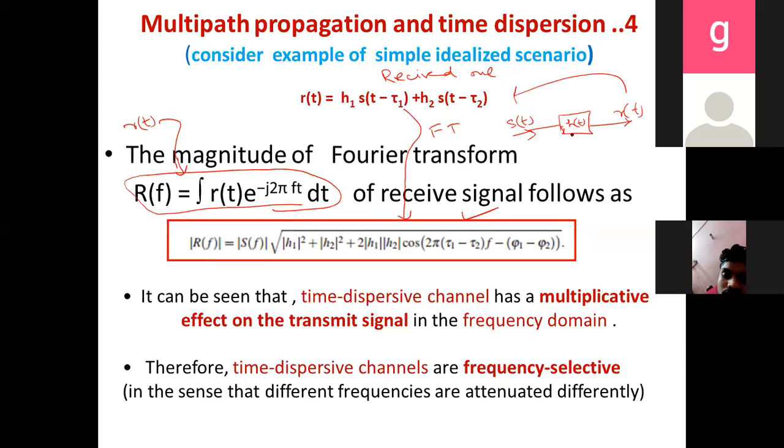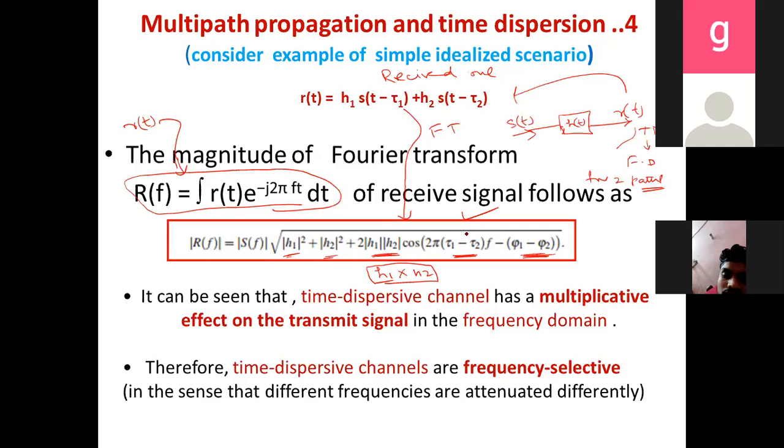For this purpose, I have converted from the time domain to the frequency domain for the two paths. You can see the delay term here; there is a phase change, and there is an attenuation factor. Here it is a multiplicative effect: the channel impulse response is multiplicative, h1 times h2, as you can see here.